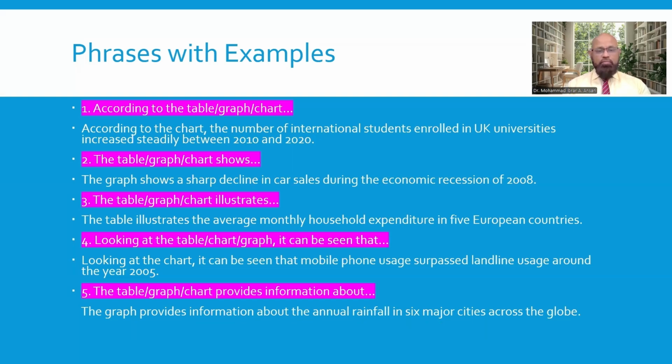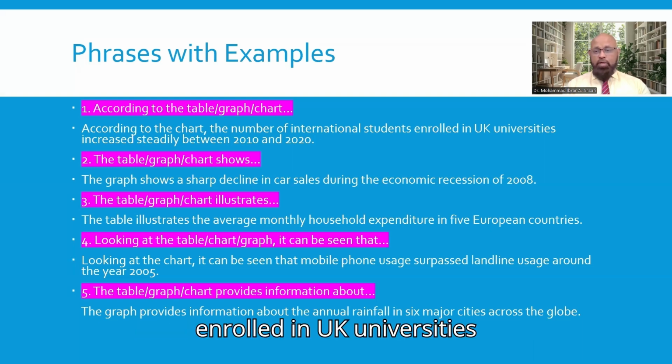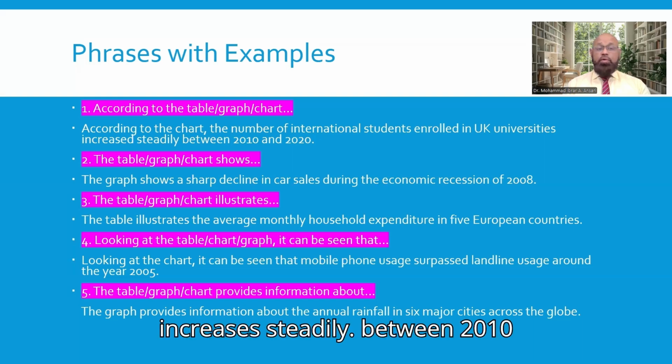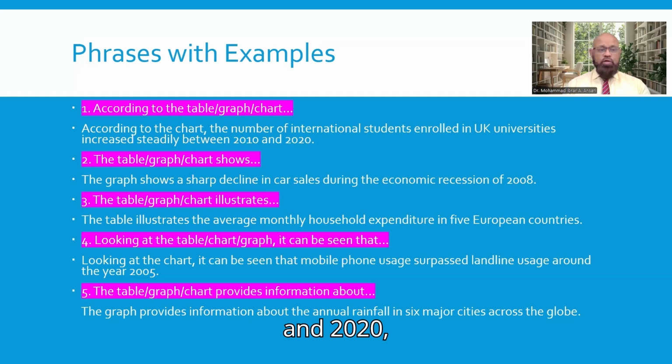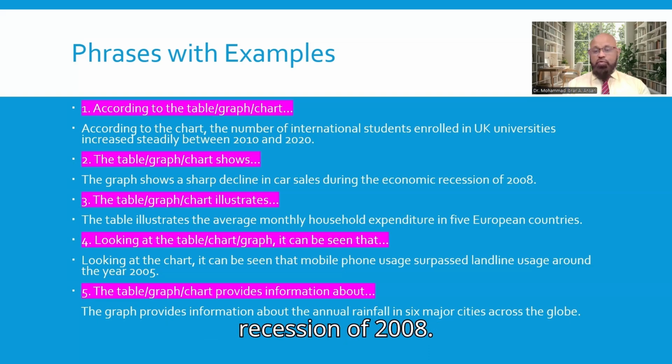According to the chart, the number of international students enrolled in UK universities increases steadily between 2010 and 2020. The graph shows a sharp decline in car sales during the economic recession of 2008.